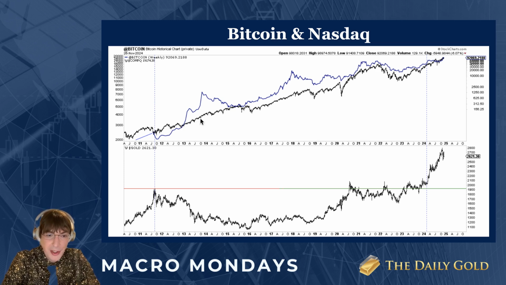Look at this really strong move here. Look at Bitcoin, it almost went vertical. 2017 was another very strong year for the stock market and tech, into this peak here. And here's Bitcoin accelerating to the upside, almost going vertical in 2017.